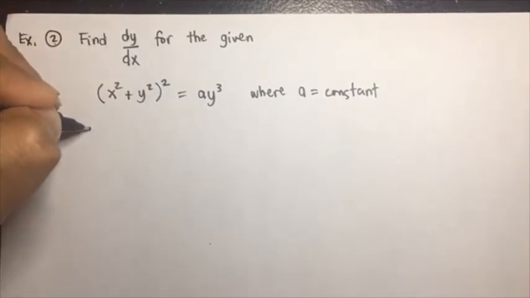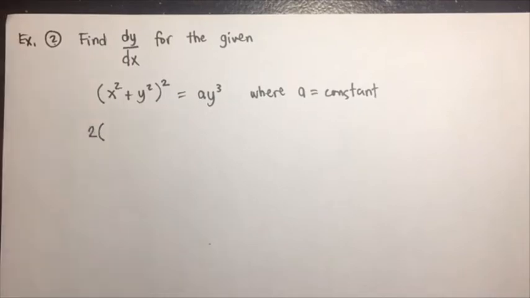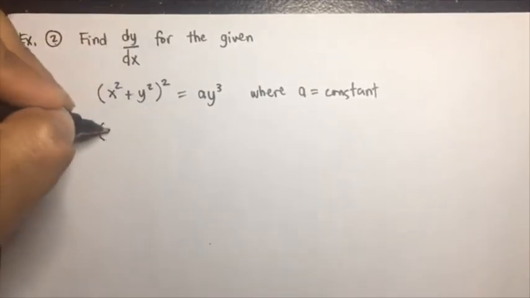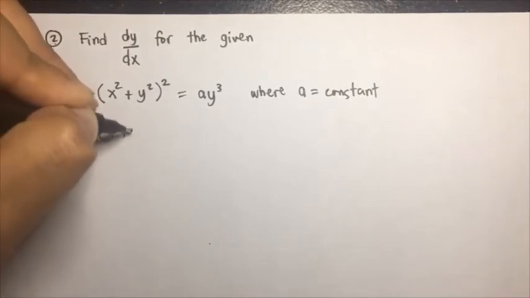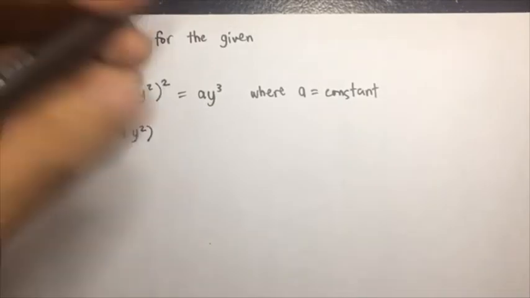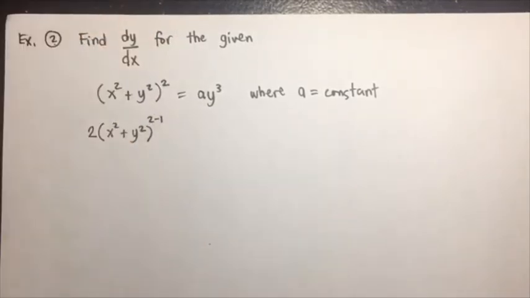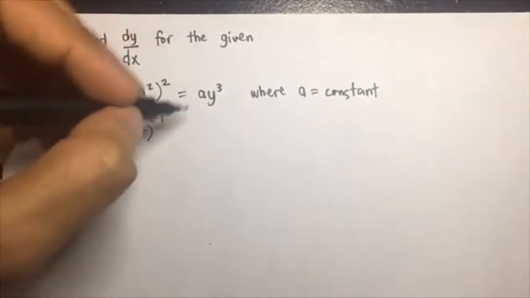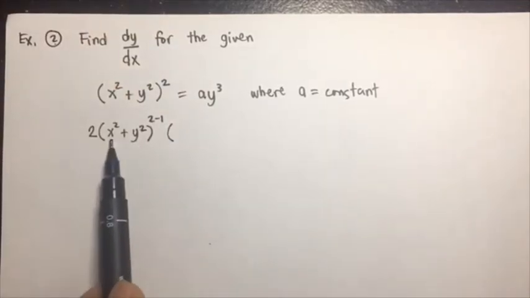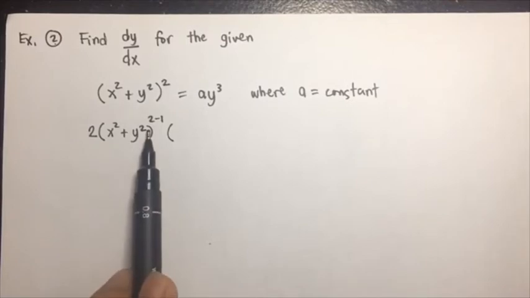Okay, so using the general power formula, we write first the n. So n is equal to 2 multiplied by our u, which is x squared plus y squared, raised to 2 minus 1, multiplied by the derivative of u. So what is the derivative of x squared plus y squared?